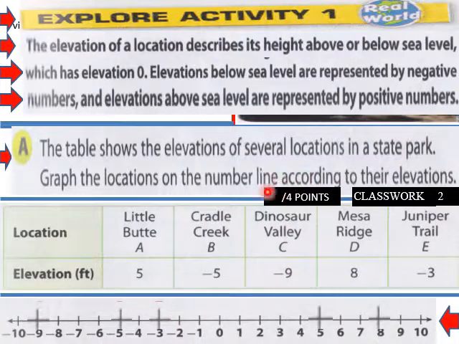And then plotting these elevations on a number line. We have C here, -9, and B is -5. E would be Juniper Trail, -3. Then A would be +5. And then D would be +8.